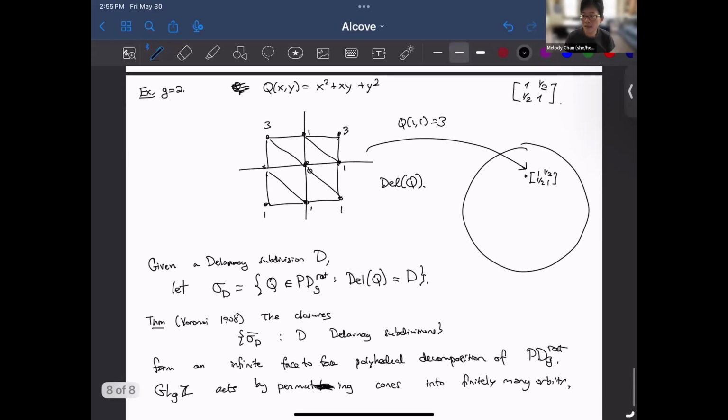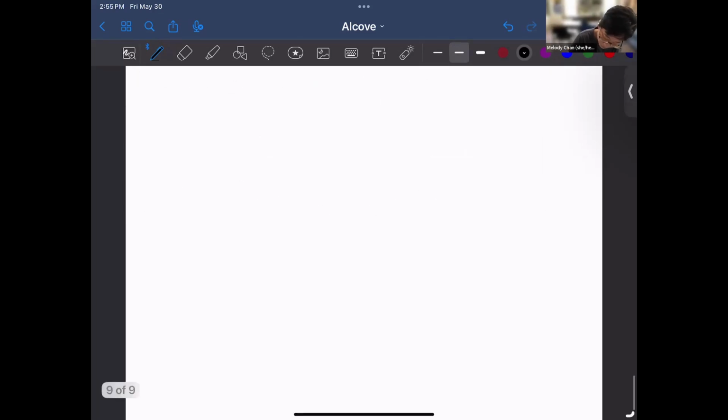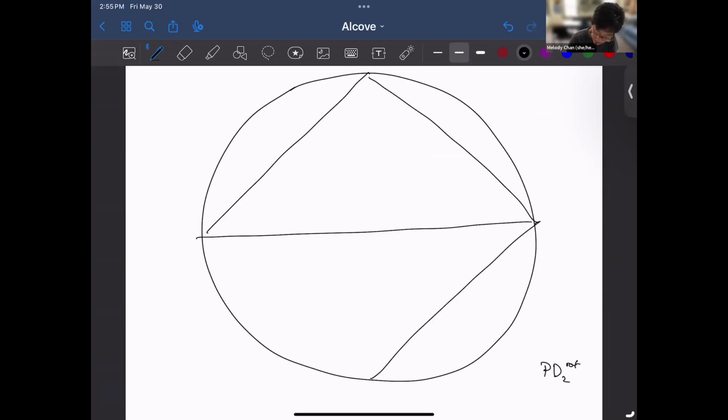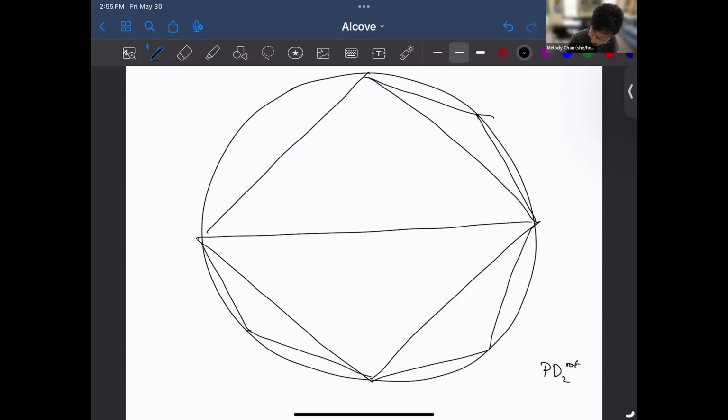Let me try to draw one last picture that puts this all together. Here is a picture again of the link, really, of PD2 rat. And the second Voronoi decomposition, in this case, is the only one that's really possible to draw, so I'm doing it. It looks like this. So it is indeed an infinite face-to-face tiling. The maximal cones here all form one orbit under the action of the group.